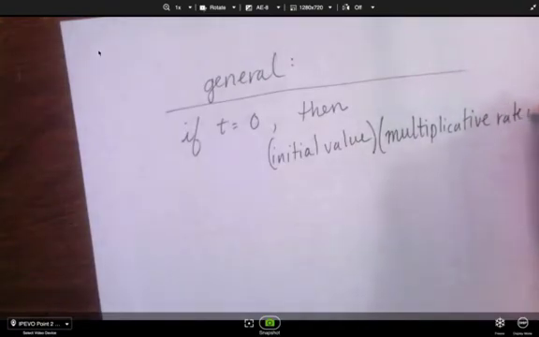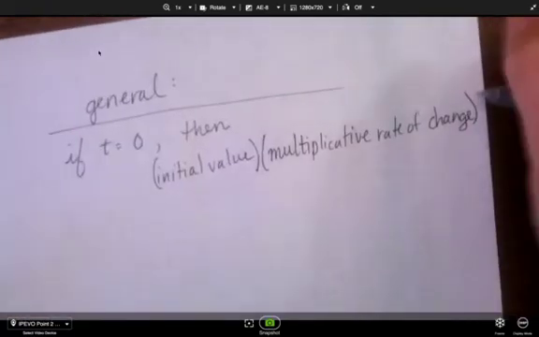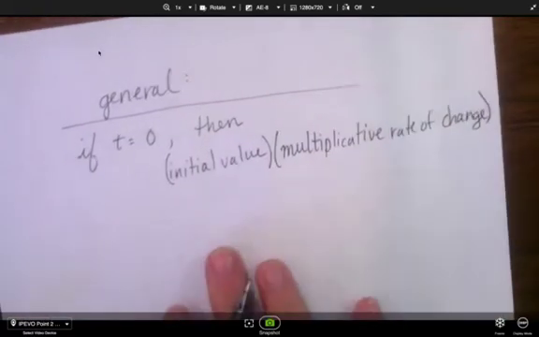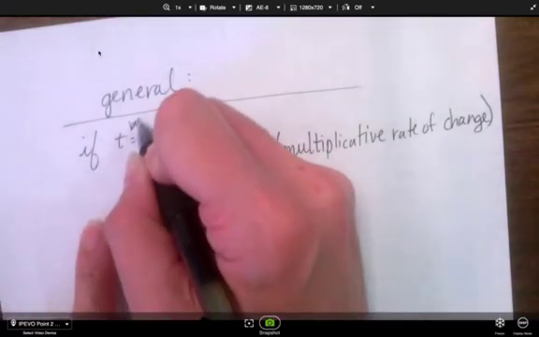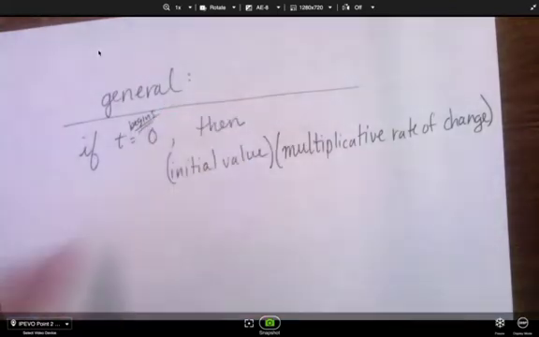multiplicative rate of change raised to, I'm going to put right here, t begins at 0, which is important because we're going to talk about different ones that begin with t equals 1, and it's a different scenario.